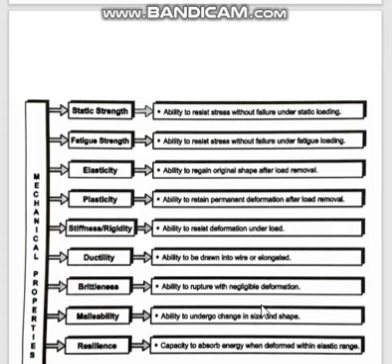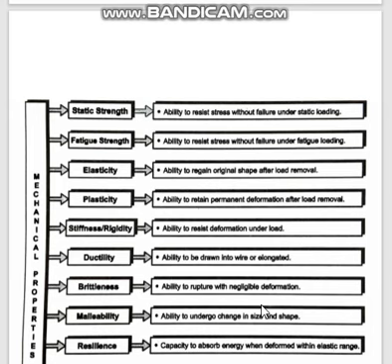Sigma y we use for ductile materials, because if anything goes beyond the yield point in a ductile material, we consider it to have failed. A brittle material fails at its ultimate point because it doesn't yield. You remember this.